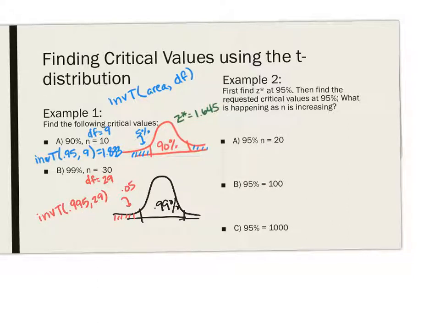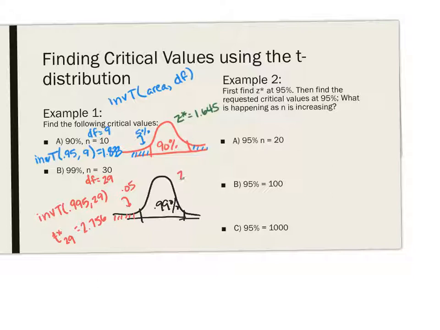So we go second bars again. Inverse T, 0.995, comma, 29. And I get a T star at, we subscript it like this, T star at 29 degrees of freedom. So when you write your answer, you write it as T star, the critical value, at the degrees of freedom, which is equal to 2.756.